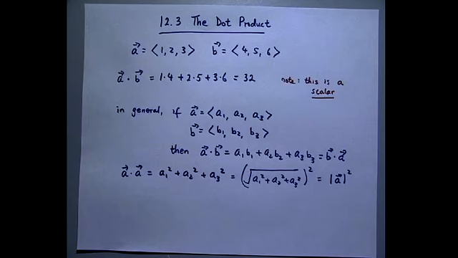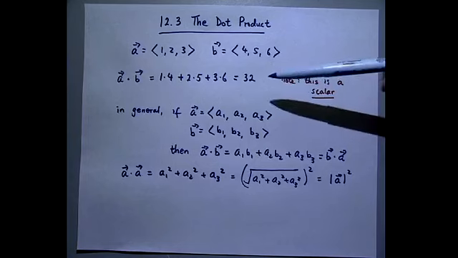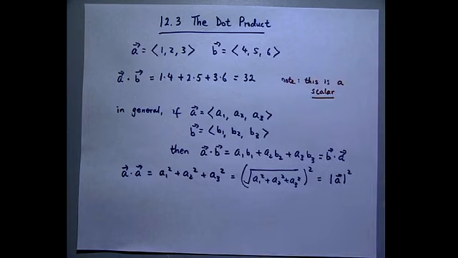So that number we just calculated on the previous slide, that 32, that's related to the magnitude of A and B and the angle between them. Okay? So let's find out what the angle is between the two vectors we had earlier, the A and B. We'll bring them back and do an example.